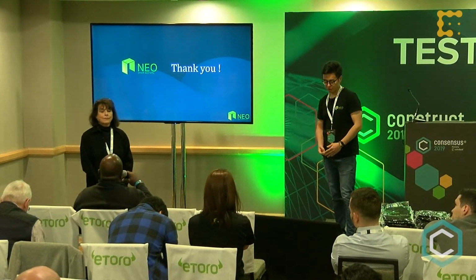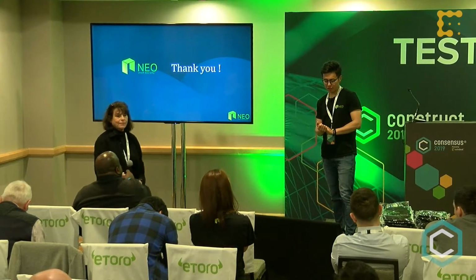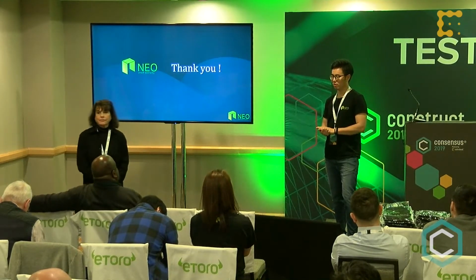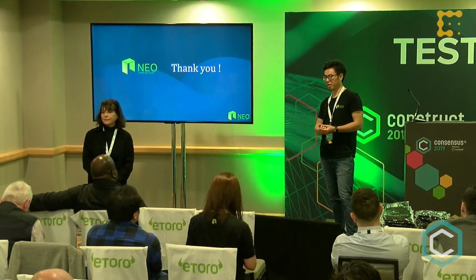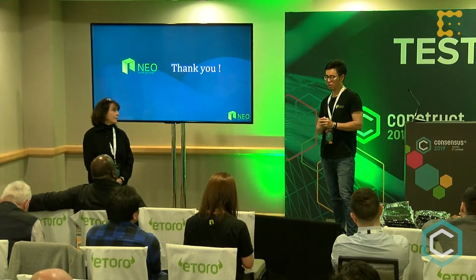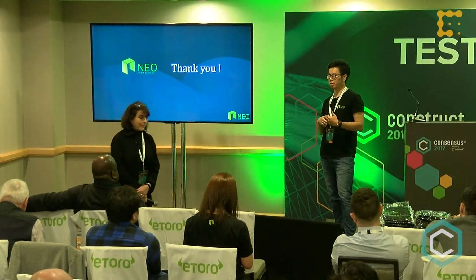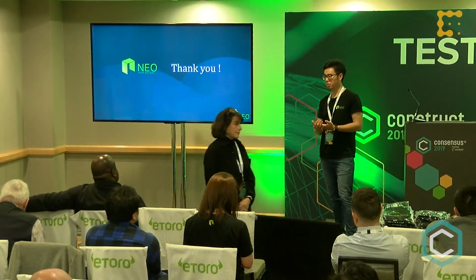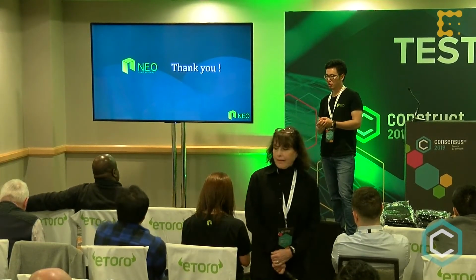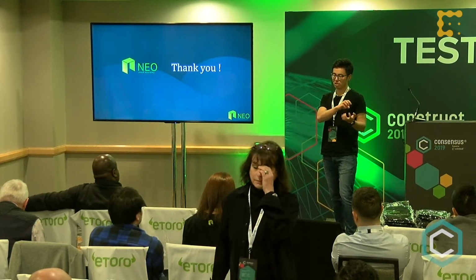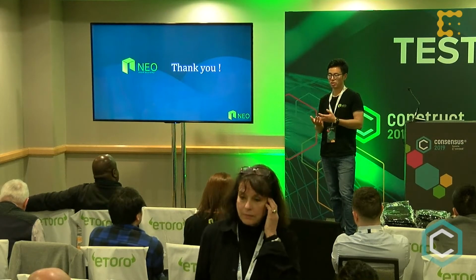Okay, so for your first question, if I dynamic invoke, will it be affected by the block finality? The dynamic invoke may generate one transaction or multiple transactions, but all the transactions will have a sequence. We have to make sure the first transaction is executed and then we execute the second one.